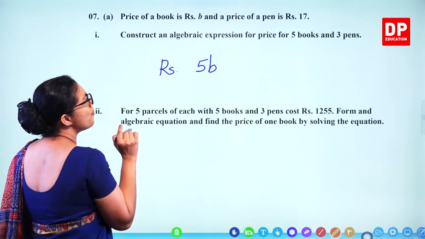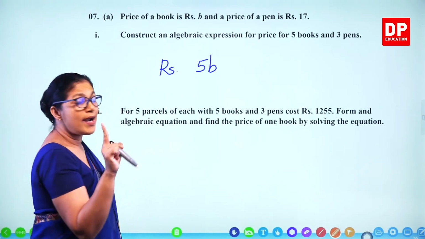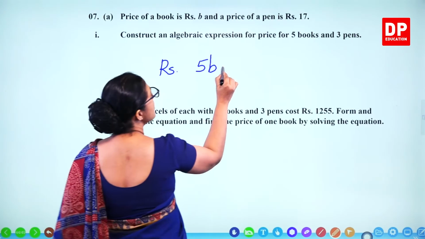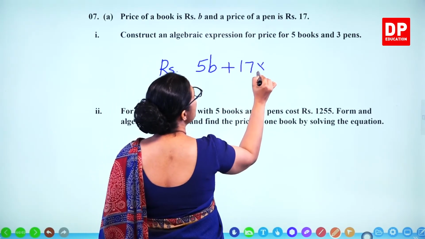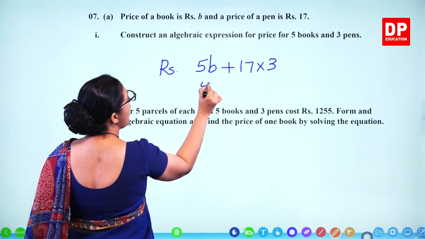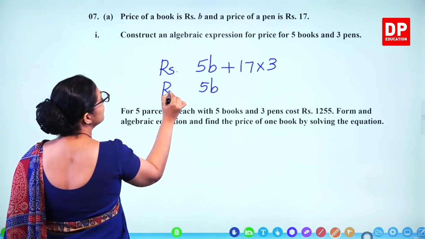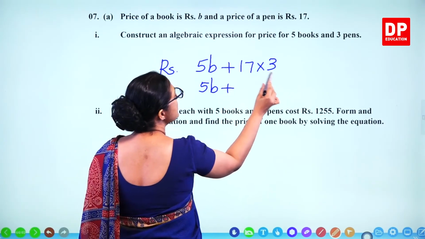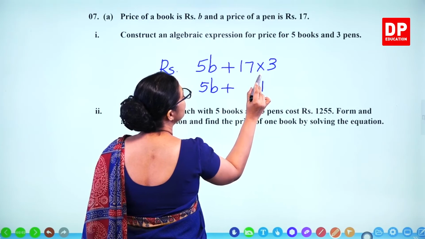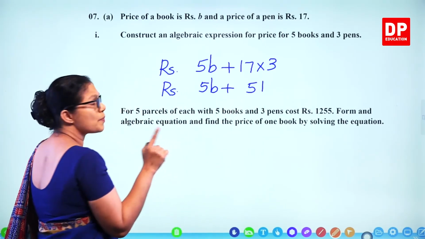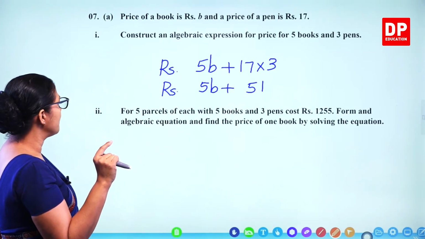Total is in rupees. 3 pens, 1 is 17 rupees. So 17 times 3, 51. So the expression is 5B plus 51.